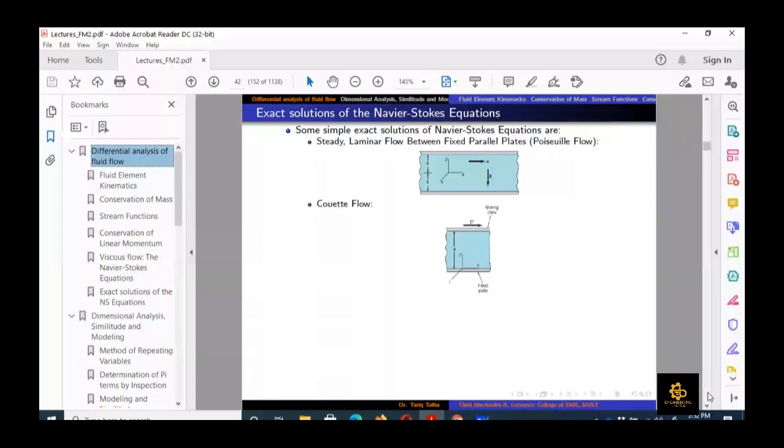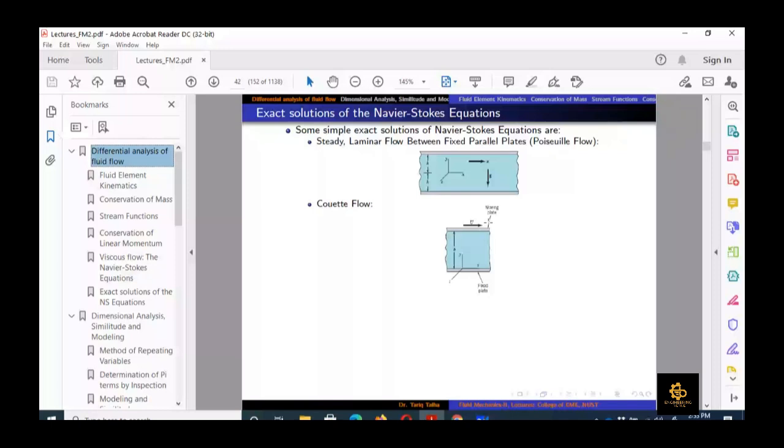and then we can do the solution accordingly. The situations in which we can obtain the exact solution for the velocity are, first, steady laminar flow between fixed parallel plates, which we call Poiseuille flow. Then we have steady laminar flow between parallel plates in which one plate is stationary, which is the bottom plate, and one plate is moving.